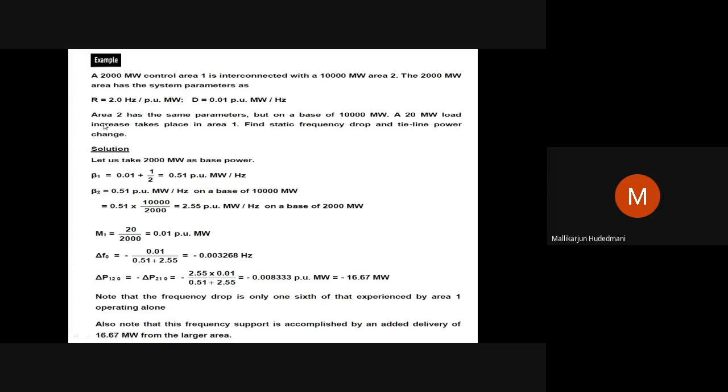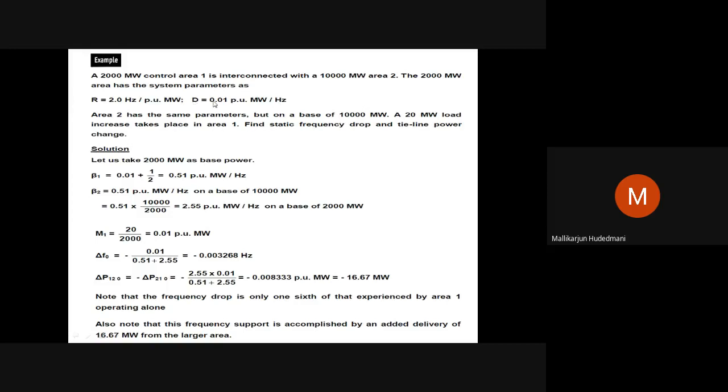So just see R and D of the first area, the 2000 megawatt area, are given. Now look at the comment. Area 2 has the same parameter. R and D are similar by number, but on a base of 10,000 megawatt. So this kind of question you are sure to experience in the exam. Instead of telling you R1 D1 of area 1, R2 D2 of area 2, what might be the logic?